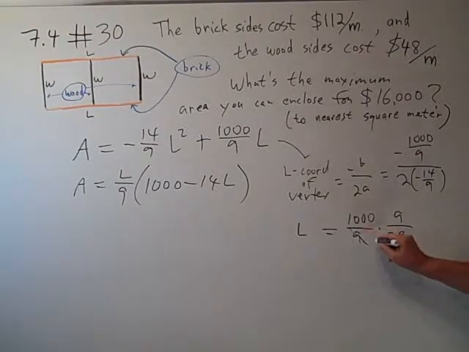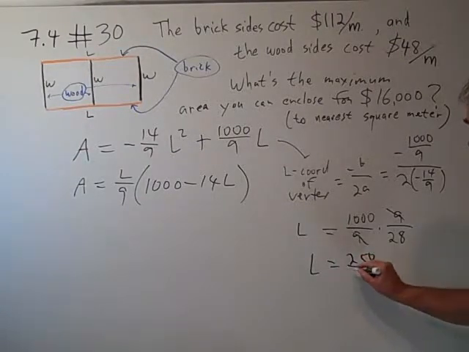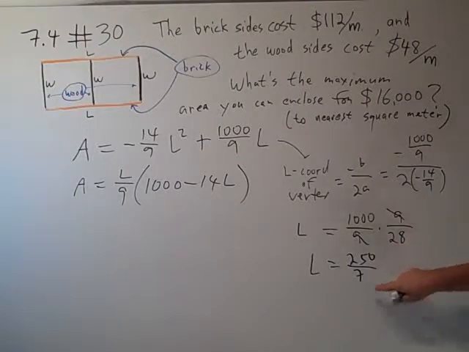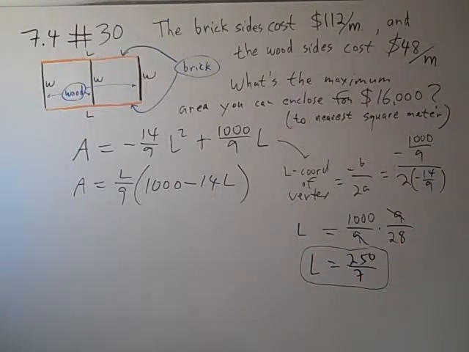The 9's cancel, and that's not all that cancels. We can reduce it down a little bit further. 1,000 divided by 28, see, 28 divided by 4 is 7. So this is the same as 250 divided by 7. If you divide 1,000 by 4, you get 250. If you divide 28 by 4, you get 7. So that's the length that will yield the maximum area.